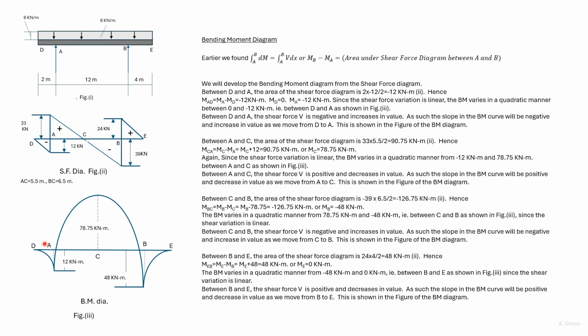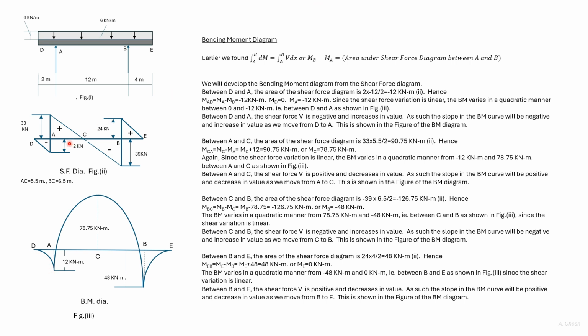So the slope of the bending moment curve would be negative. The ordinate of the shear force diagram varies from 0 to a larger value, and as such, the slope of the bending moment diagram will vary from 0 to a larger value.